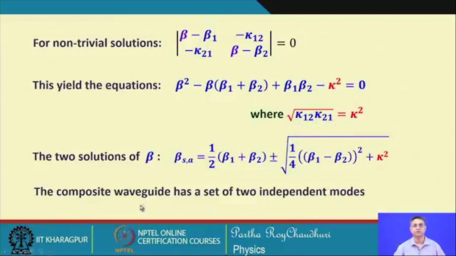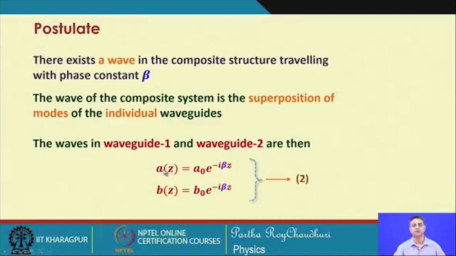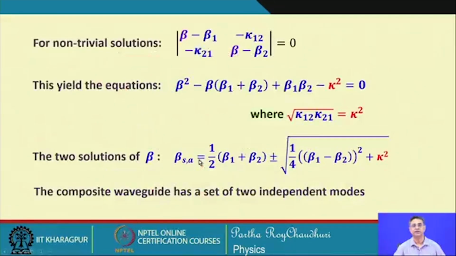So, this composite waveguide has a set of two independent modes, because we started with the assumption that the z dependent amplitude for the first waveguide and for the second waveguide are drawn out of one wave which has a propagation constant beta, but it turns out that this total system has two modes, that is one symmetric and one antisymmetric.